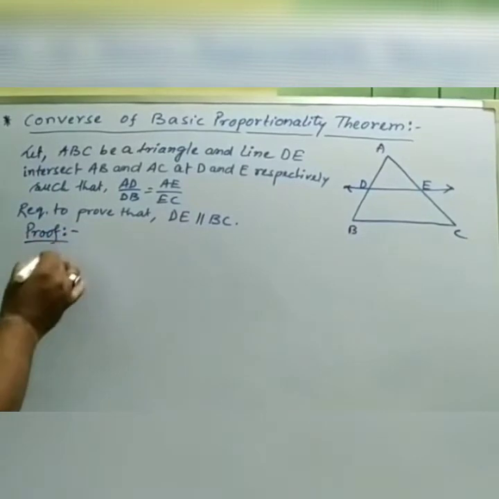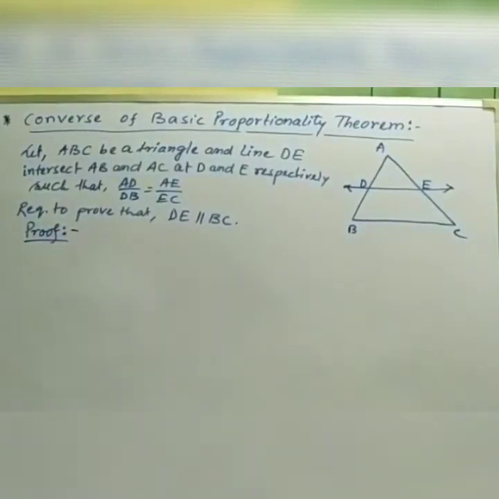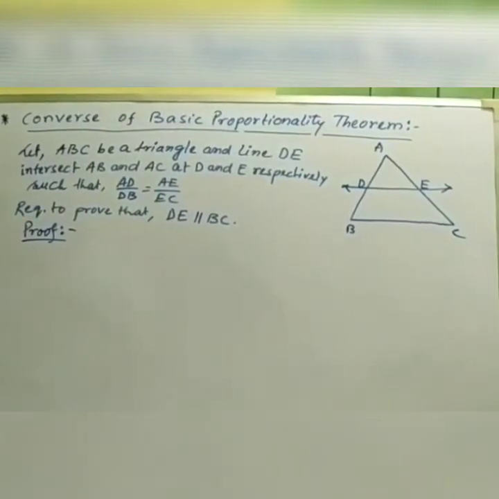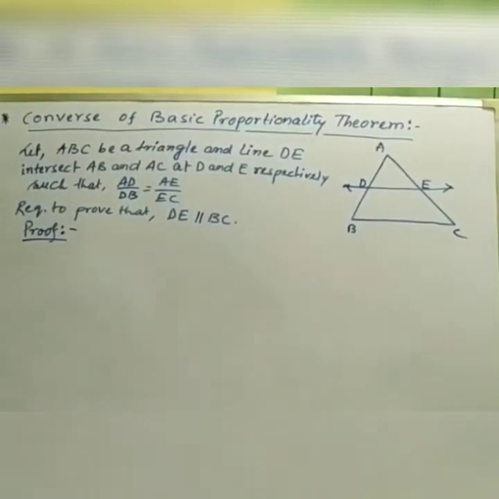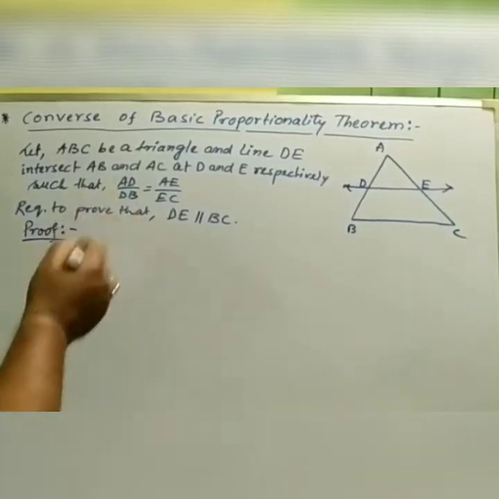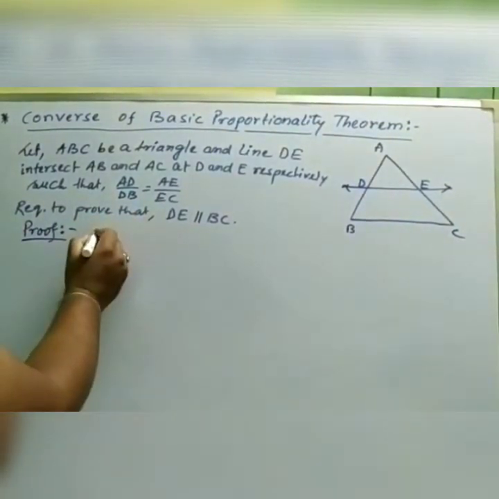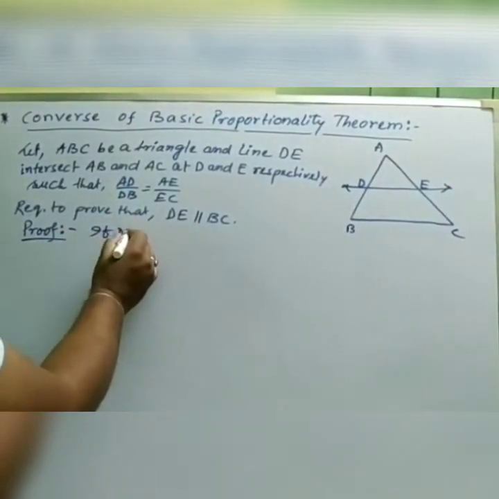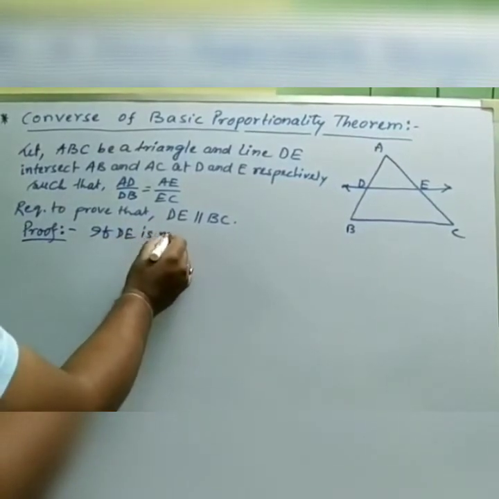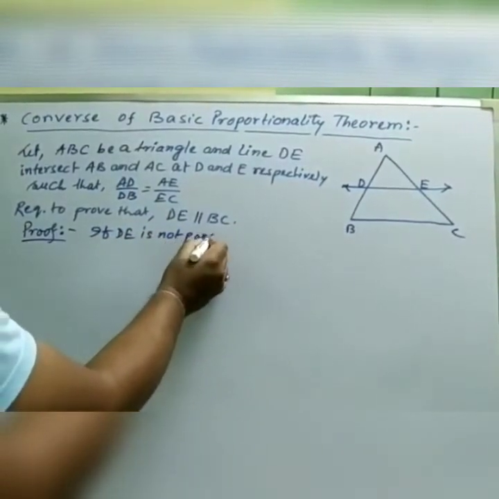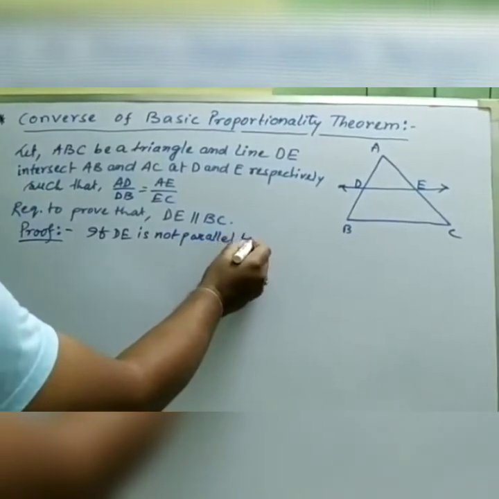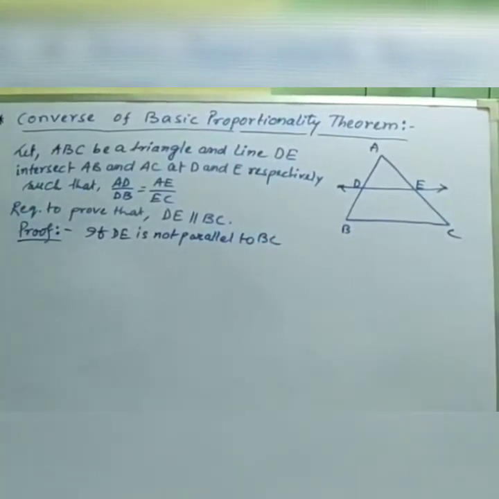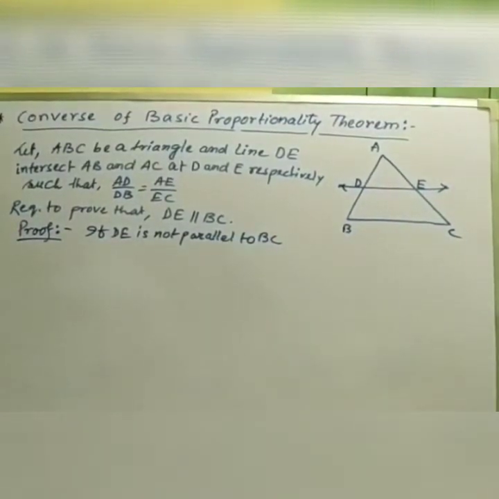Okay, so for that proof, let us suppose that DE is not parallel to BC. Then there must be another line which is parallel to BC, and that we will consider.